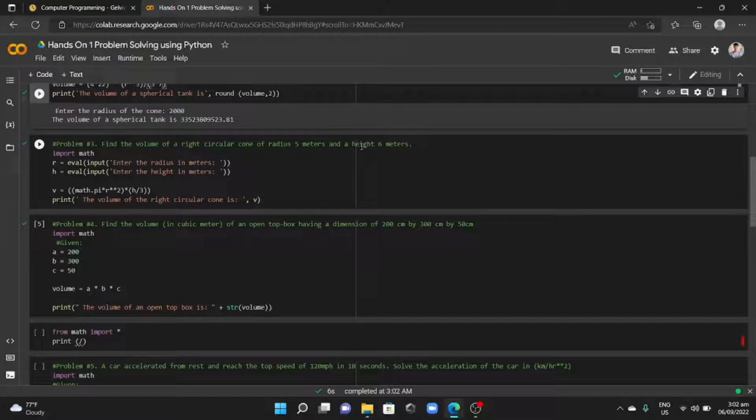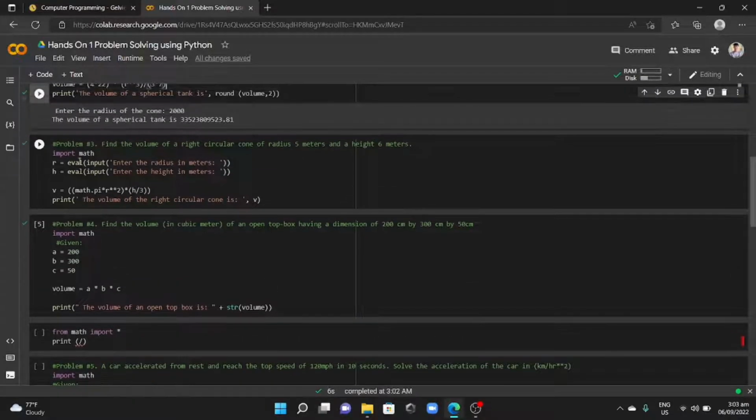Then for problem number 3, we are going to find the volume of a right circular cone of radius 5 meters and height 6 meters. Our code will be, we are going to import math. R is equal to eval(input("we are going to enter the radius in meters")). H, represented as the height, is equal to eval(input("we are going to enter the height in meters")).